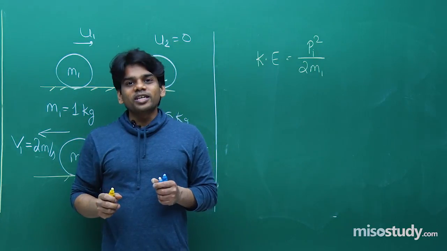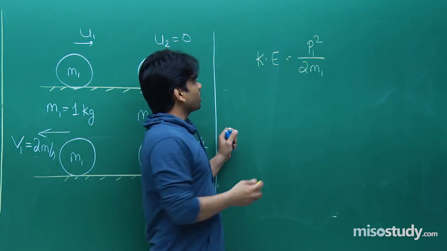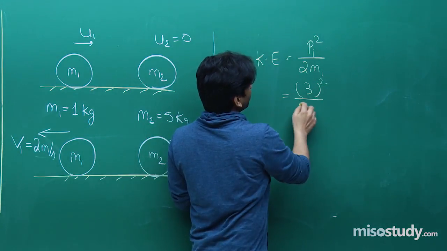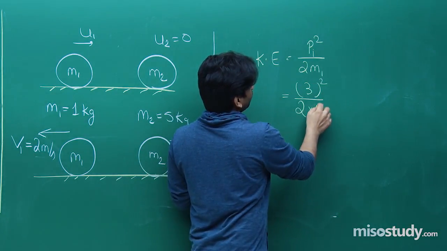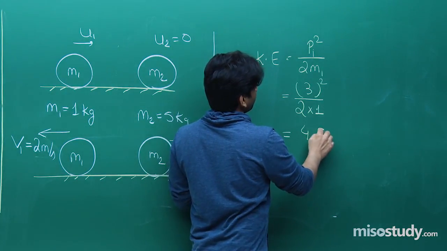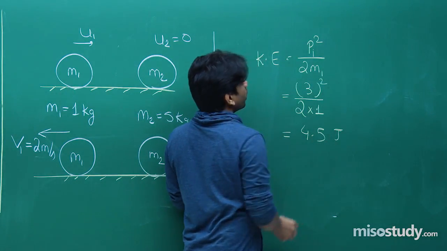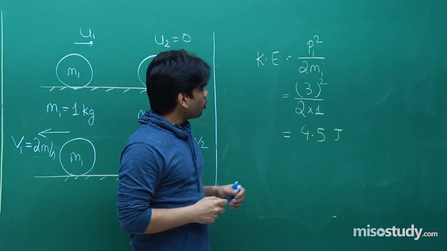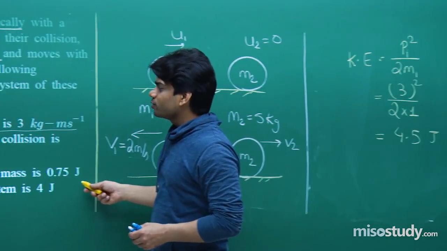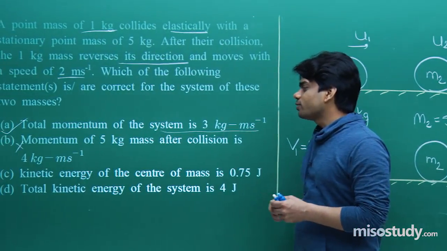Now initial momentum we have evaluated as 3, so we can write this as 3 whole square by 2 m1, m1 is 1. This comes out to be 4.5 joules. P square by 2m comes out to be 4.5 joules. So that is not 0.75 joule. We can clearly see that that is not 0.75 joule.